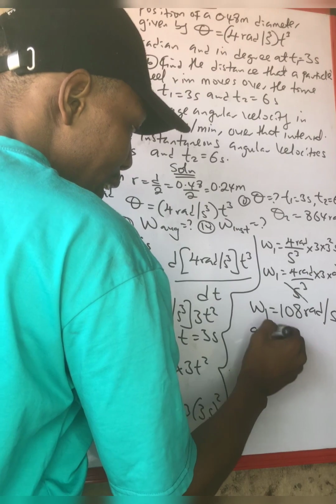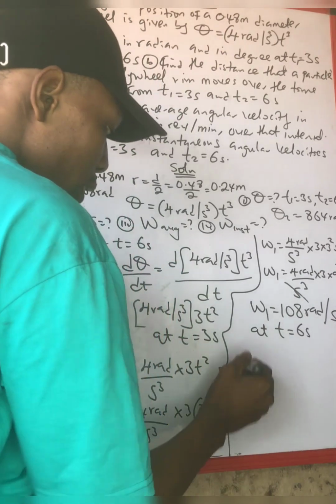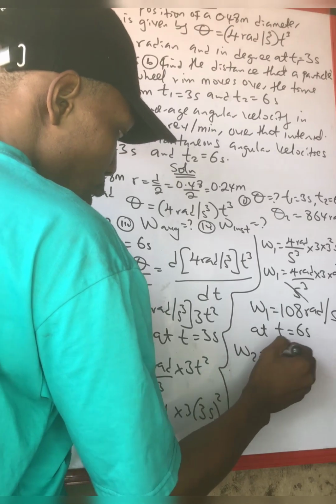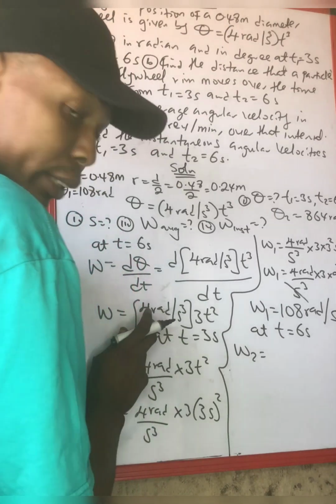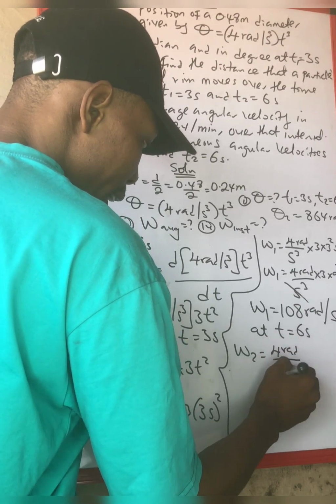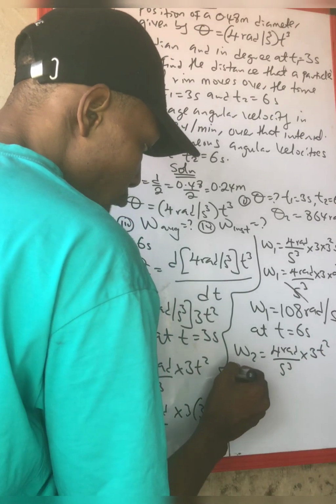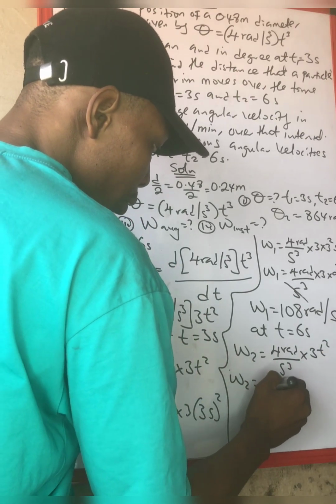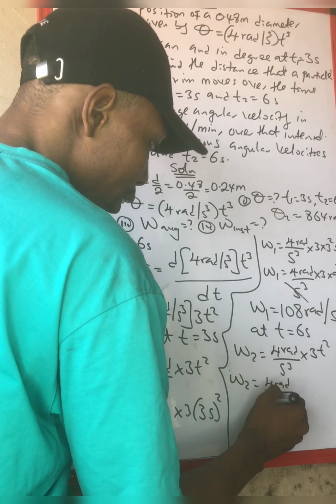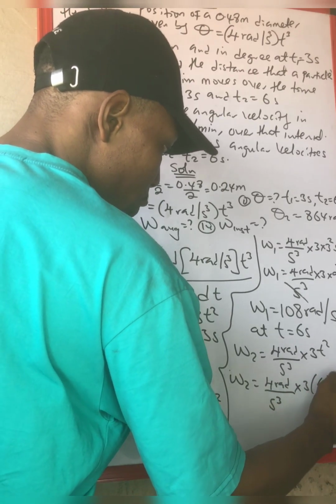So at t equals 6 seconds, don't forget, w2 now becomes, we have to make use of this expression, which is 4 rad over second cube times 3t squared. So our w2 becomes 4 rad over second cube times 3 bracket 6 second square.